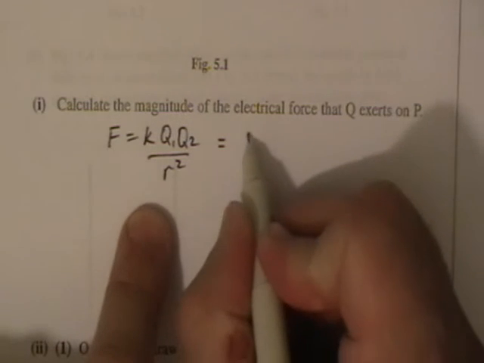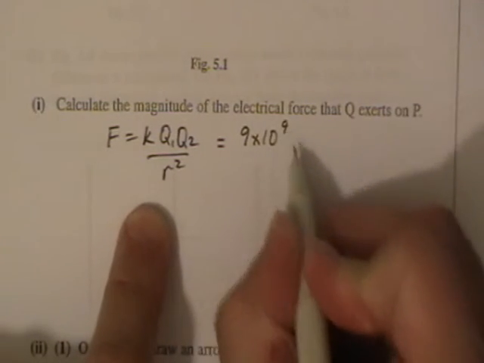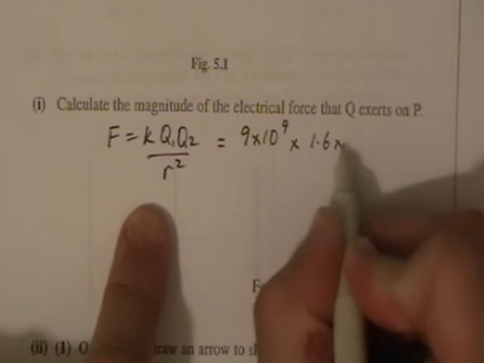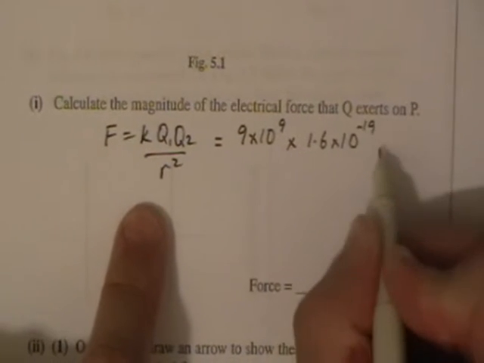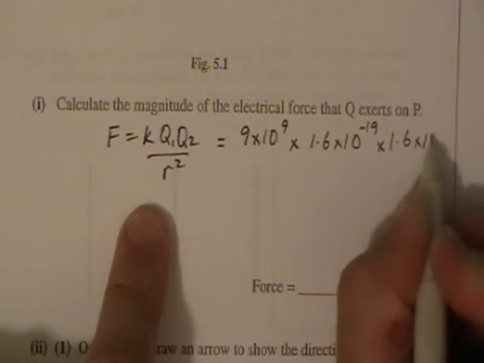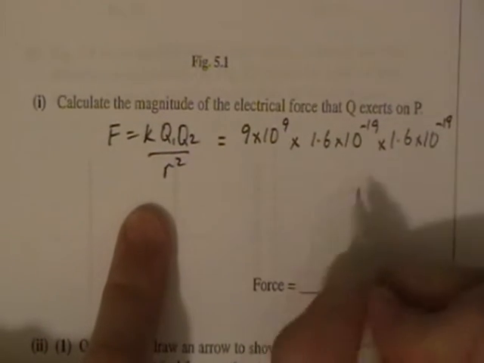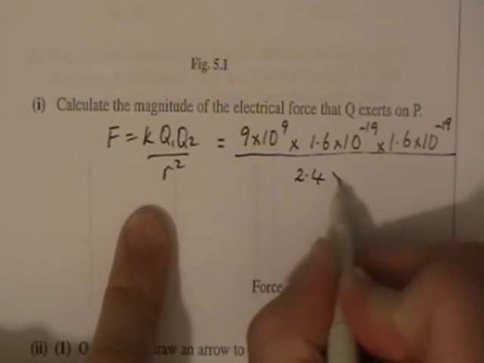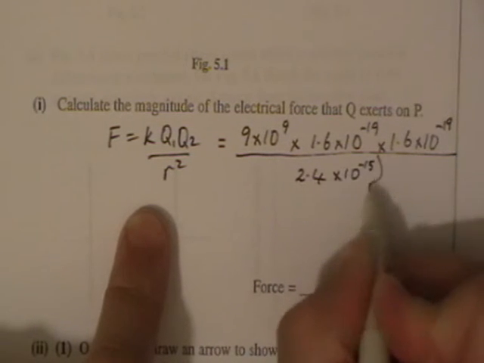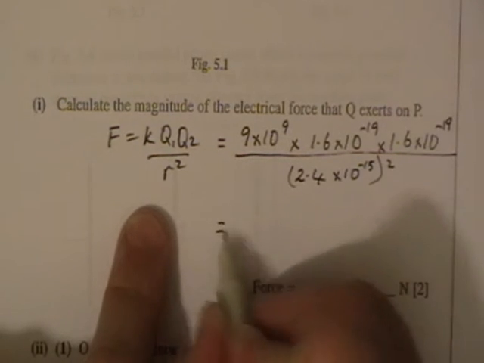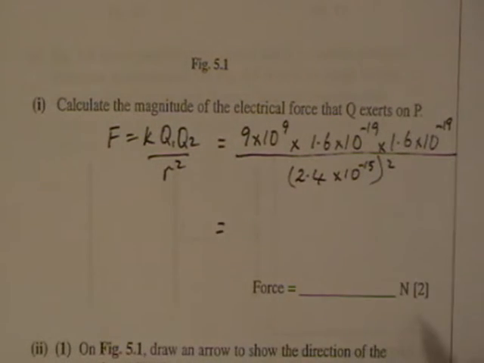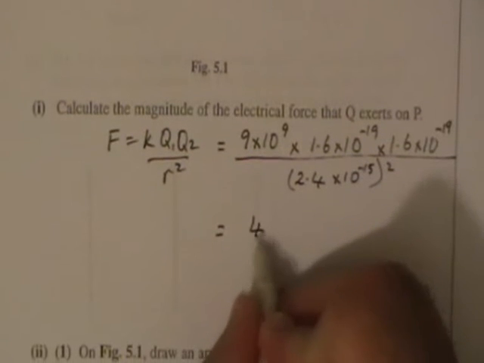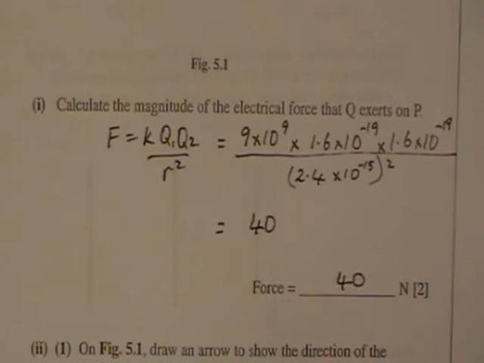So we now have 9 times 10 to the power of 9 for K, times 1.6 times 10 to the minus 19, times 1.6 times 10 to the minus 19 again. And we're dividing that by their separation squared, so that's 2.4 times 10 to the minus 15 all squared. Put that into your calculator, and we get 40. So the force is equal to 40 newtons.